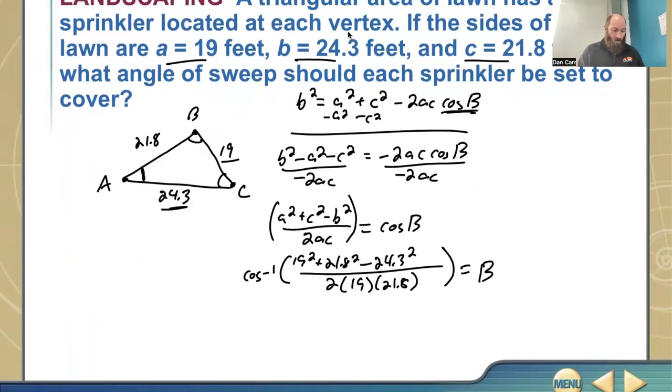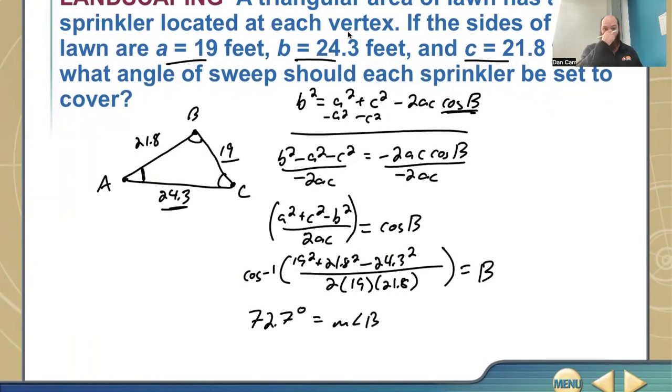That will be 19 squared plus 21.8 squared minus 24.3 squared divided by 2 times 19 times 21.8. So that means I get, we'll just go one decimal place, 72.7 degrees for the measure of angle B.